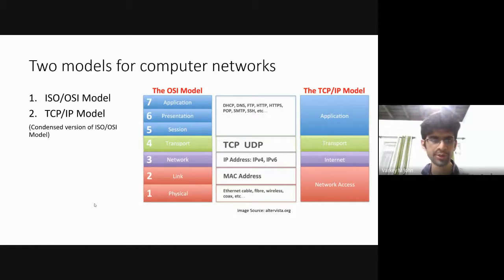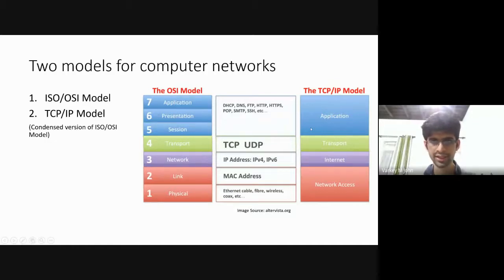So there are two models that we generally use for computer networks. There's one called the ISO-OSI model, and then something called the TCP/IP model. It's basically to help in segregation of the data that is coming to your network. The TCP/IP model is basically a truncated version of the ISO-OSI model. The ISO-OSI model has 7 layers, and TCP/IP has only 4 layers.